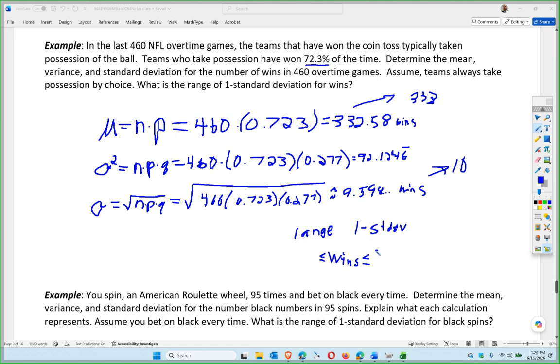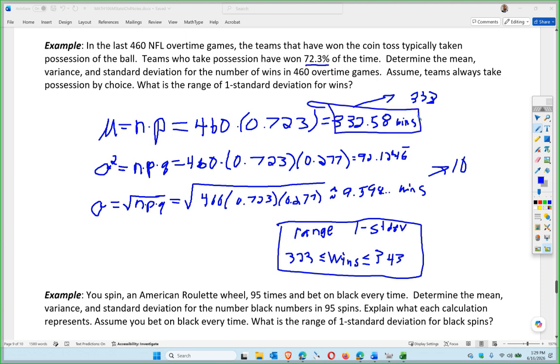So add to 333, that's 343, right? And if I subtract 10, that'd be what? 323? Okay. So one deviation is about that many wins, basically, you should expect out of 460 games. That is your expected value, right? That's your expected value of how many wins you should get, and that is your standard deviation, obviously.